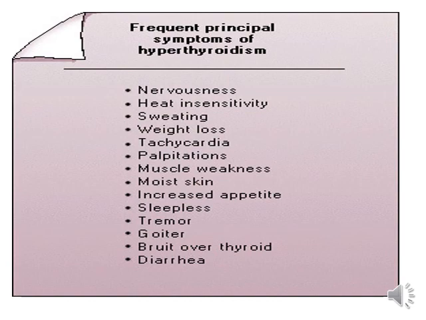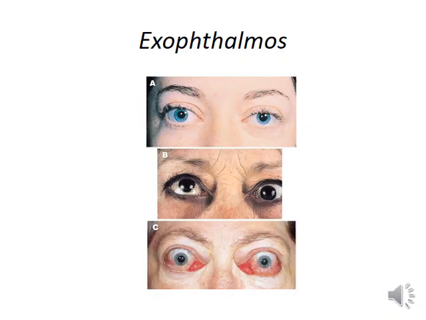Their muscles are weak, not only the somatic muscles but also the heart muscles. Their skin is moist, they show some sleeplessness, they show some tremor, and they also have diarrhea in the gastrointestinal tract.